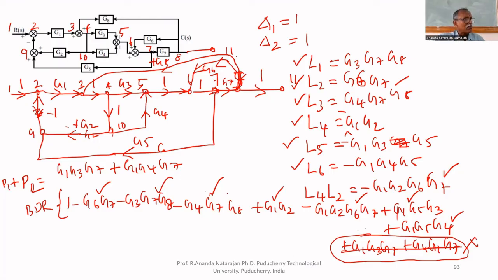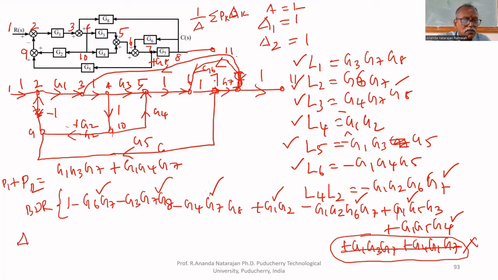Yes, because in the formula, what is the formula? 1 by delta, sigma Pk delta k, delta equal to 1 minus. Because of that, these are all positive, that's why we are getting minus. The sign also we are getting correctly. So these are all minus.